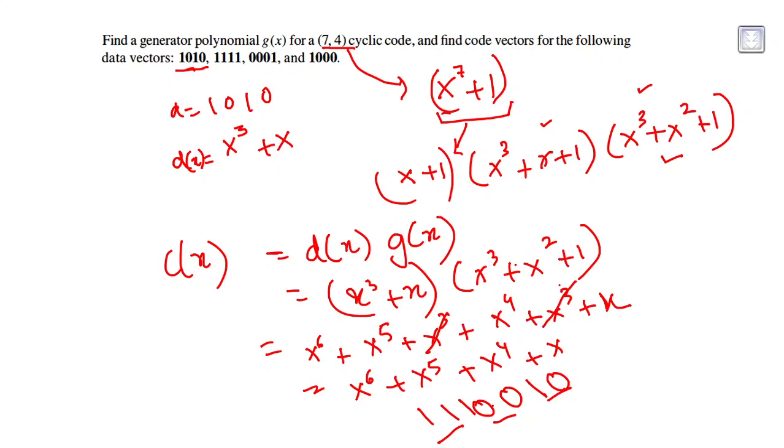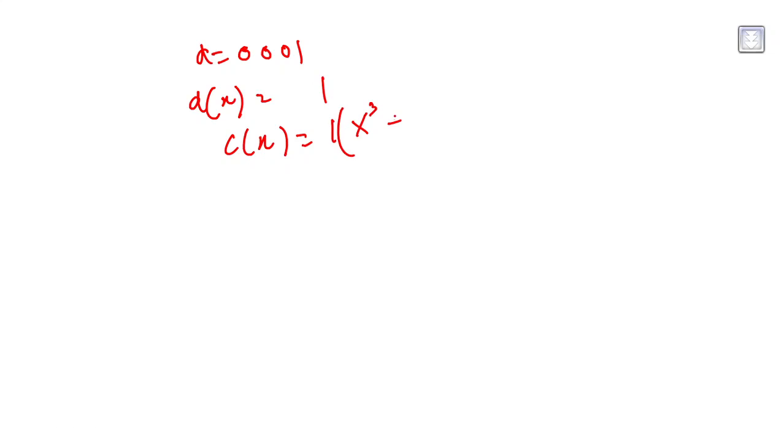Okay, so let's try it again. If I multiply with 0001, so let's take the data d equal to 0001. So I will be getting the polynomial equal to 1. So C(x) will be 1 into x cube plus x square plus 1, that is simply x cube plus x square plus 1.